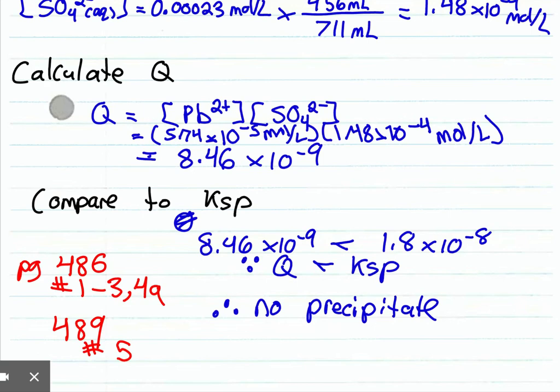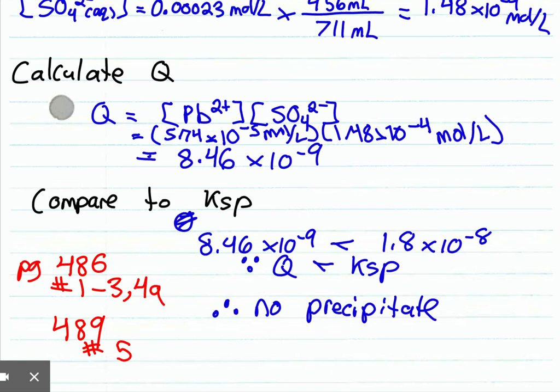So we do our math and we get 8.46 times 10 to the negative 9. Remember that Q is unitless, so we don't need our units here. And then all you have to do after that is compare your Q to your KSP.